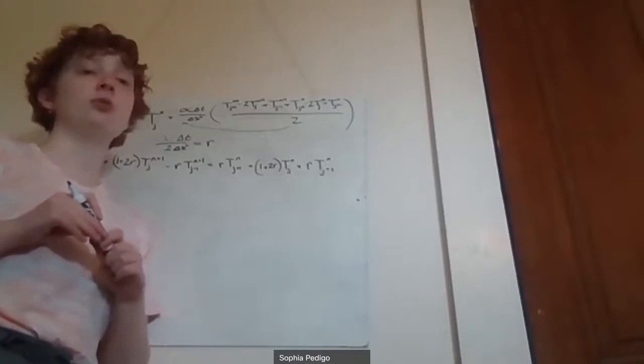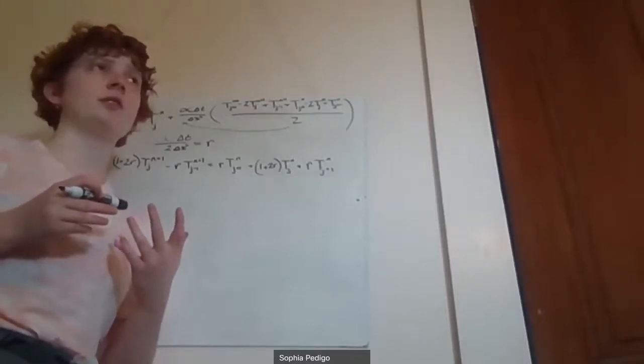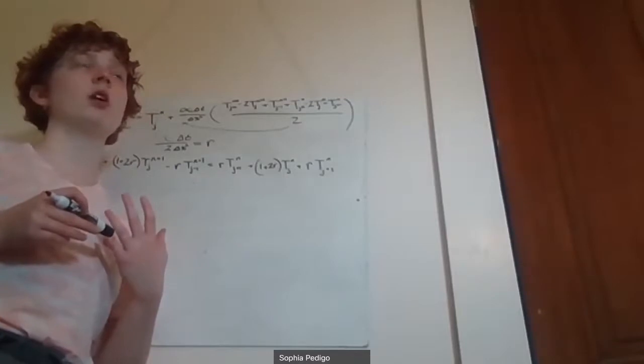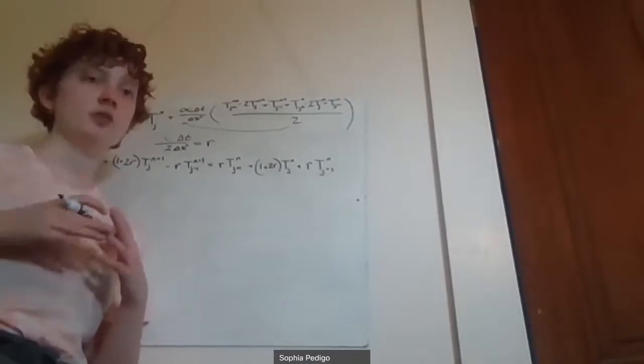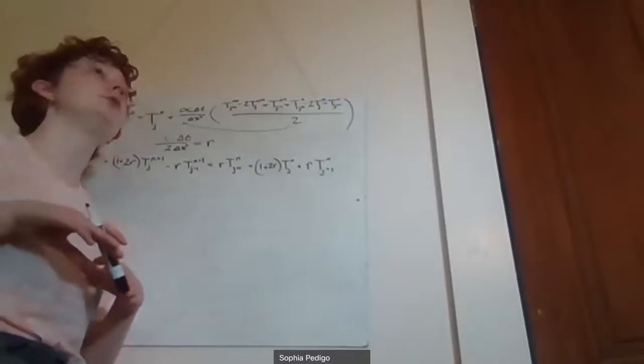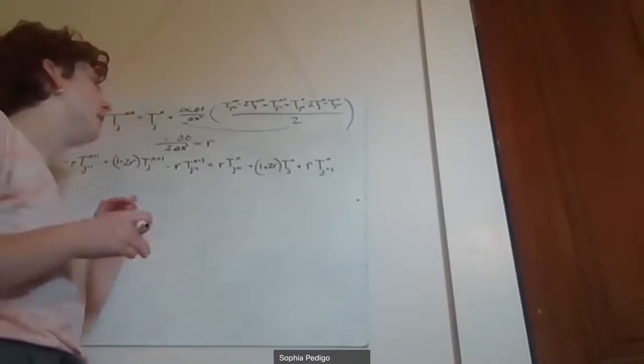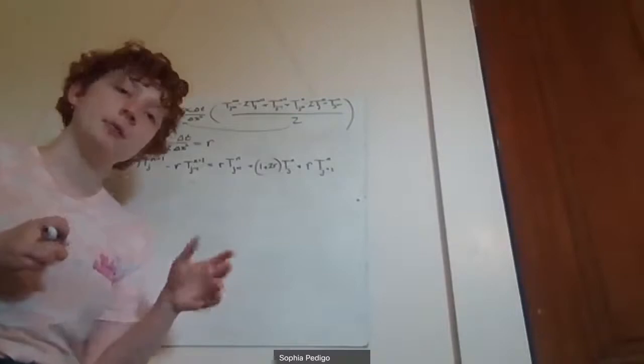We had proven that that was a solution for our temperature profile equation. So I'm going to be substituting that in for our values of T. And I'm going to go ahead and do that.